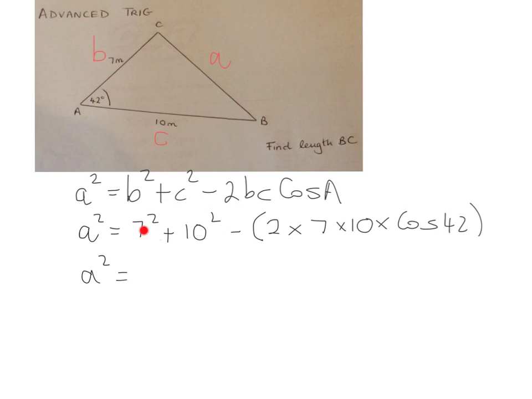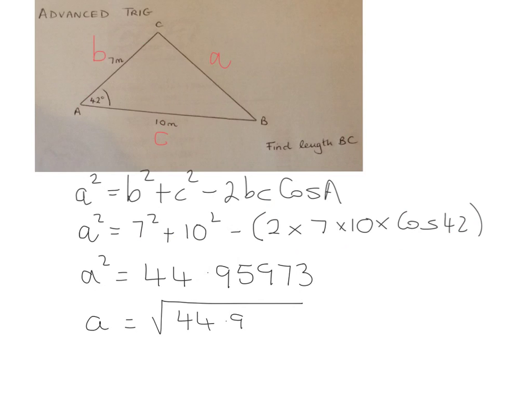If you do that, just be careful that you put the brackets in where the brackets are, and you will get an answer of 44.95973. So just make sure you get a bit of practice in typing that into your calculator to get the correct answer. And then to find a, we're just going to take the square root of that.